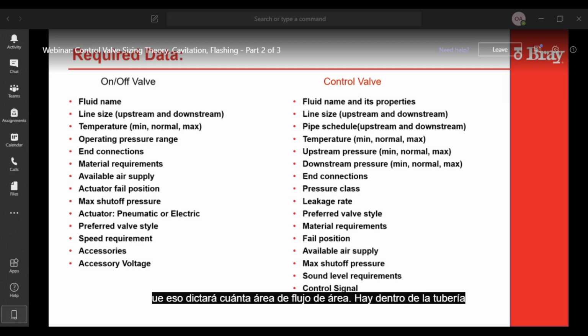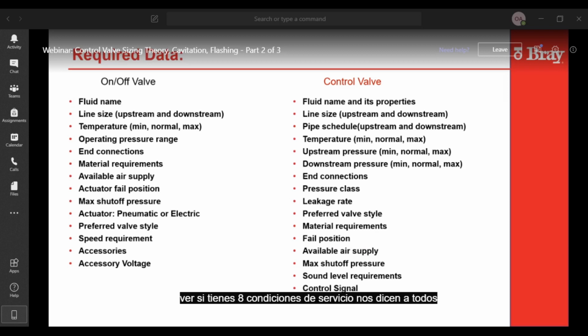We need to know the temperature for the reasons we explained before during each of the conditions that the valve is going to see. We also need to know the upstream pressure and how it varies during different parts of your process, and also the downstream pressure and how it varies. So if you've got 3 service conditions that you think that valve is going to see, if you have 8 service conditions, tell us all 8.